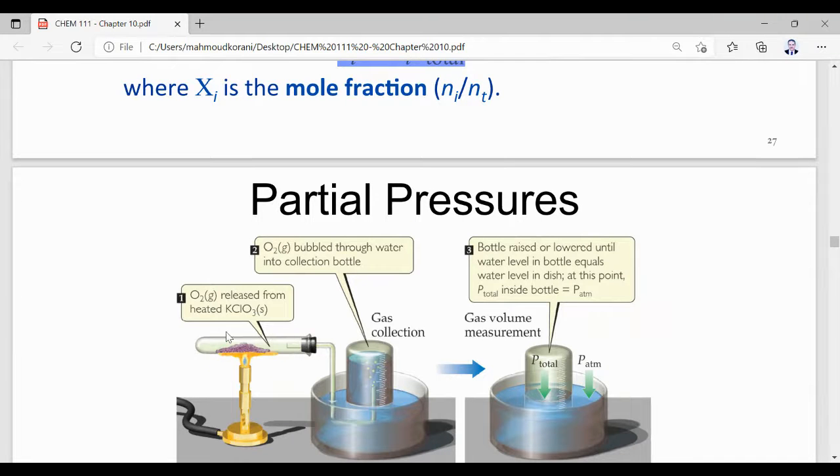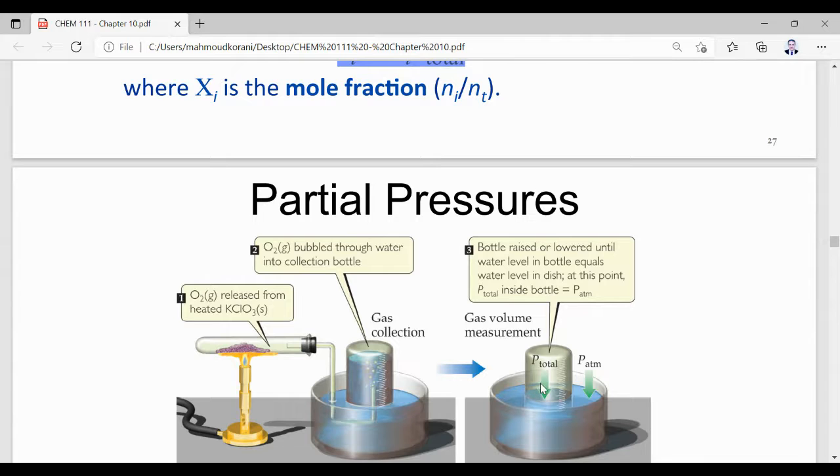This is a glassware which contains the reactants, and it should be closed by a stopper like that one, and the gas will flow from this tube and be collected over the water. This is water.